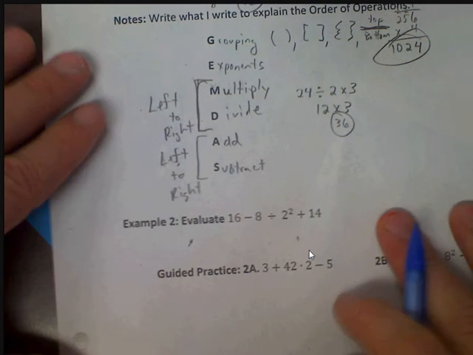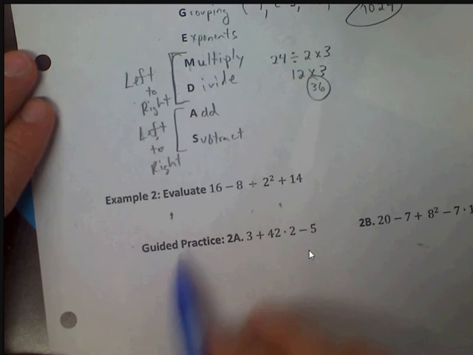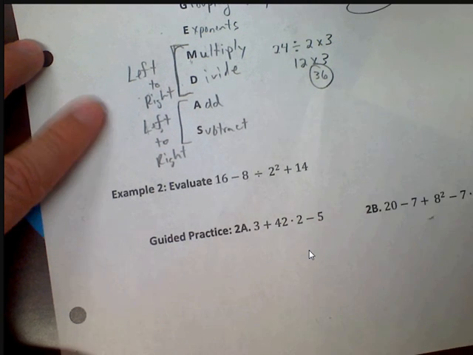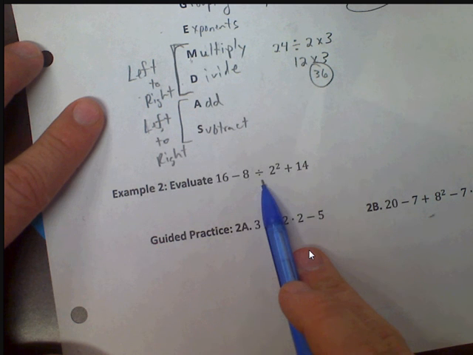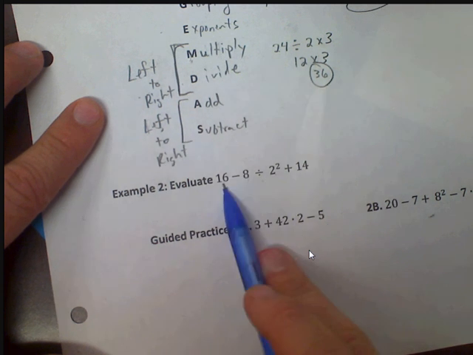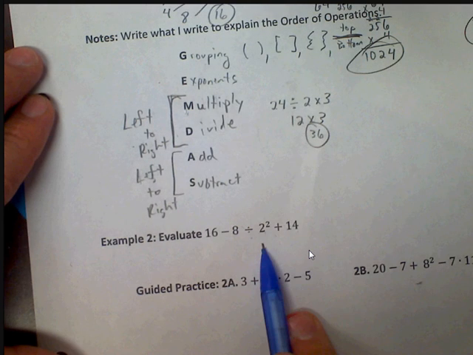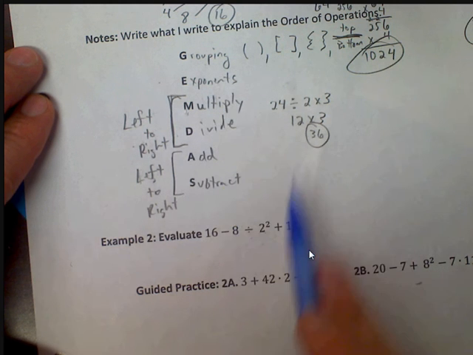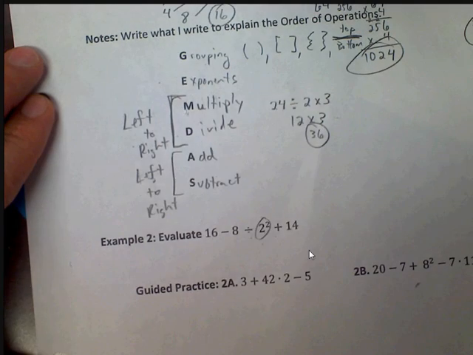Okay? Let's go ahead and look at example 2. This is found in your book as example 2 on page 10. Evaluate 16 minus 8, divide by 2 squared plus 14. So let's look at this. My first job is to look for grouping. We do not have any grouping. My second job is to find exponents. I have an exponent. I must do that first.